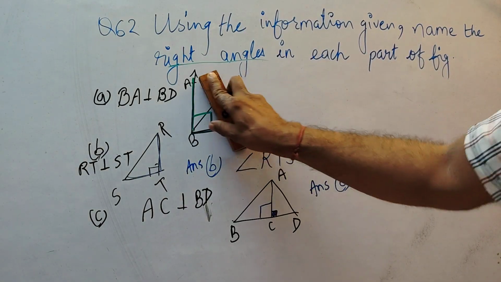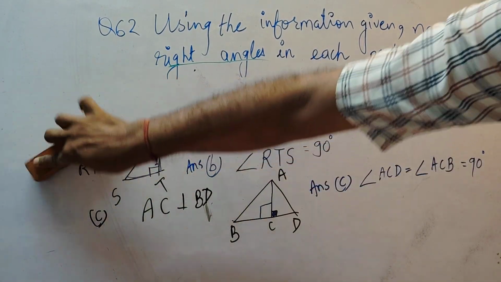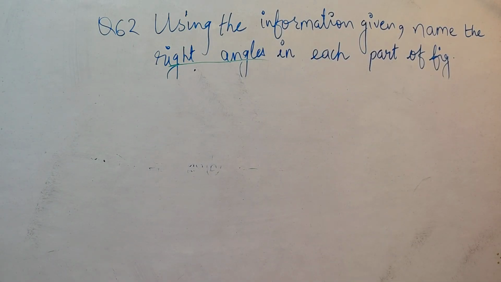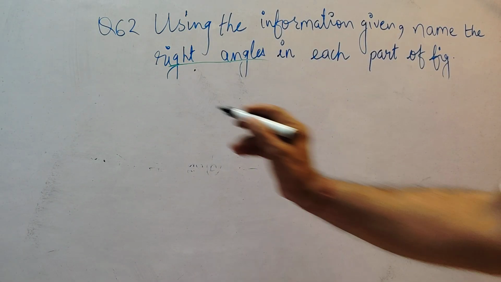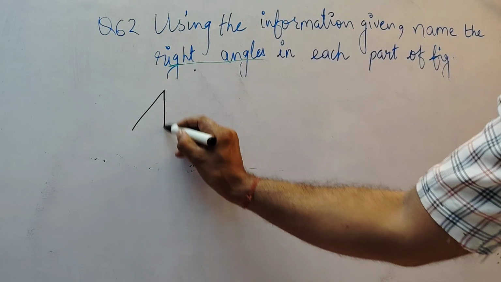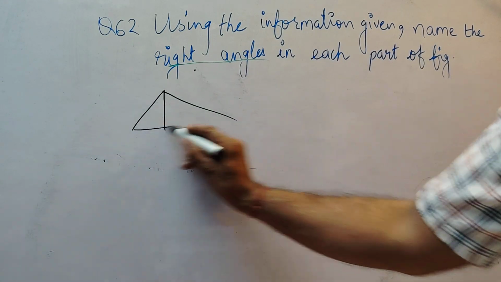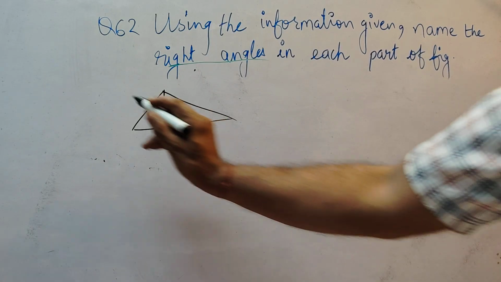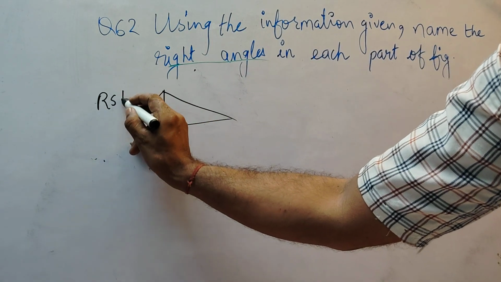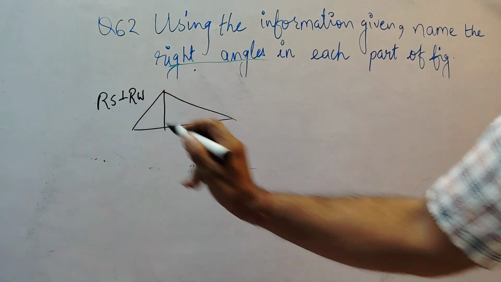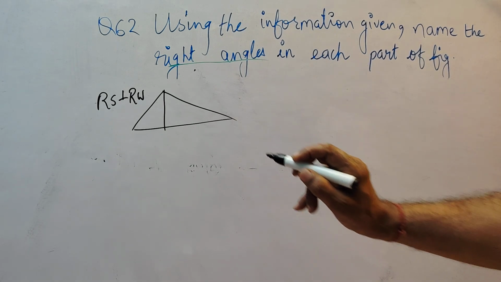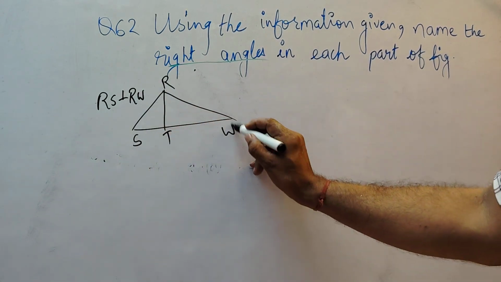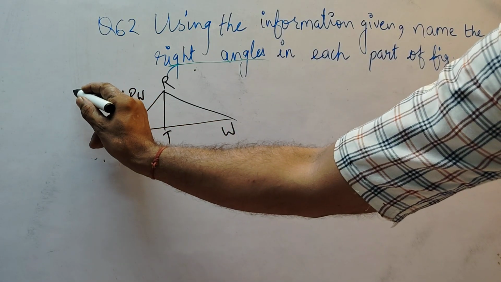Now come to D part. D part is another triangle, and here it is given RS perpendicular to RW. RTSW is the figure given.